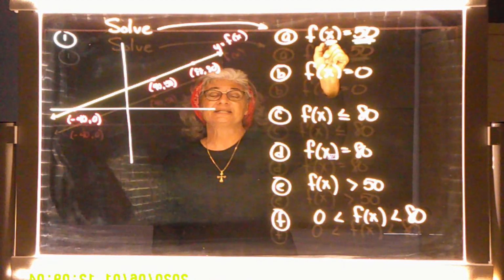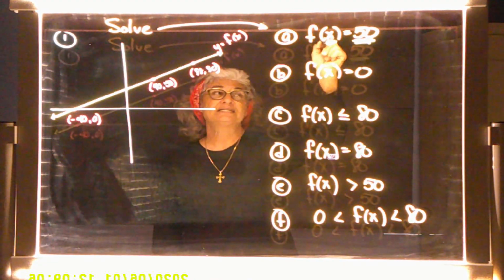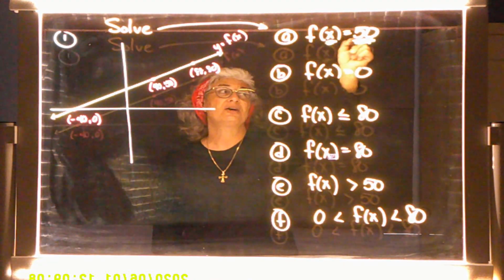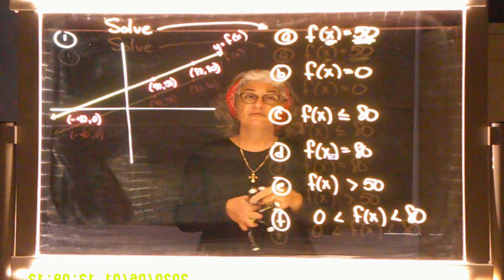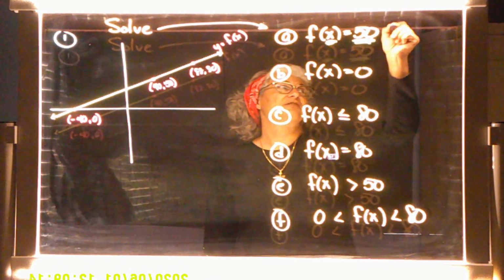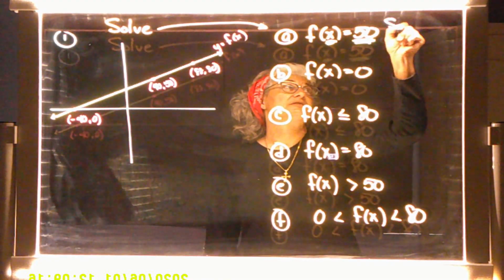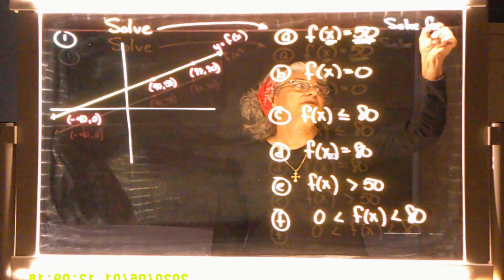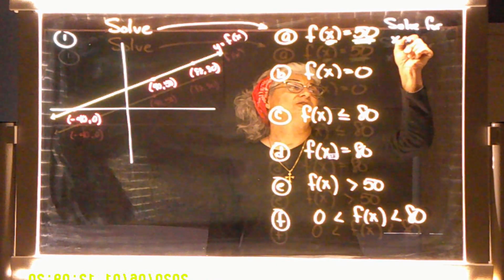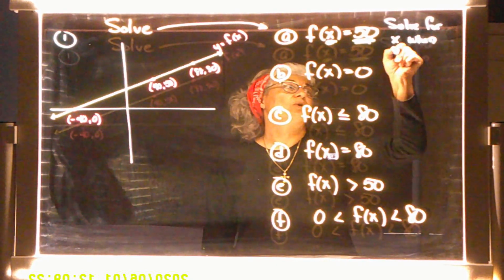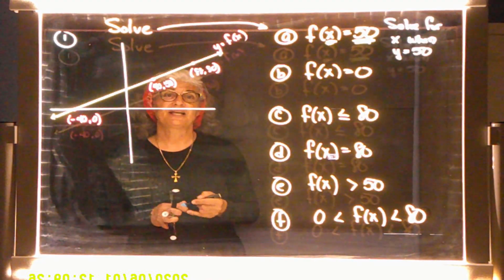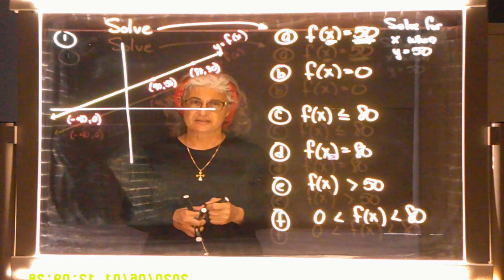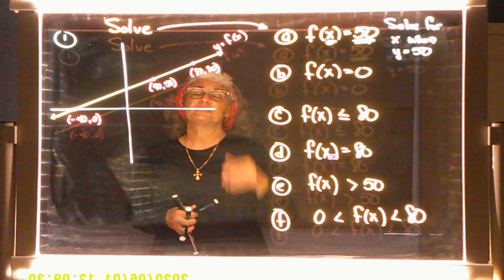X is not written, so that must mean I need to solve for x when y is equal to 50. So, some of you should write that down for yourself. Solve for x when y equals 50. That's what part A is asking you to do. Does that make sense? So I'm solving for x.